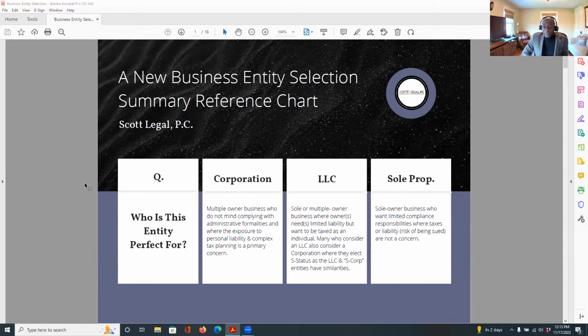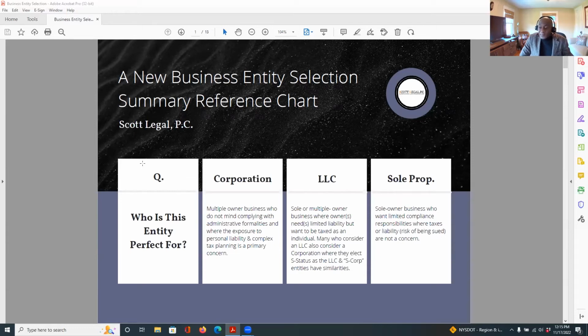When I started my corporation, it was one, but a lot of the time you see more business owners, and they don't mind complying with the administrative formalities, and as a result of that, they are maybe a little bit more sophisticated than the average investor or person setting up a company, or they have counsel that is assisting them through that process.